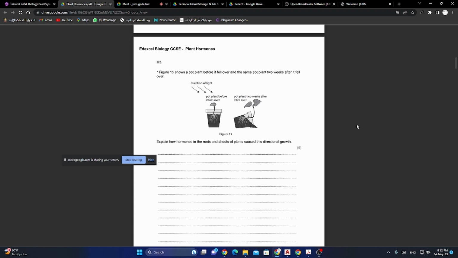Right, geotropism. So can you see anything else that changed besides the shoot? Well, okay. Are you sure you can't see anything that changed other than the shoot? Okay, yeah, that's basically what I'm talking about.